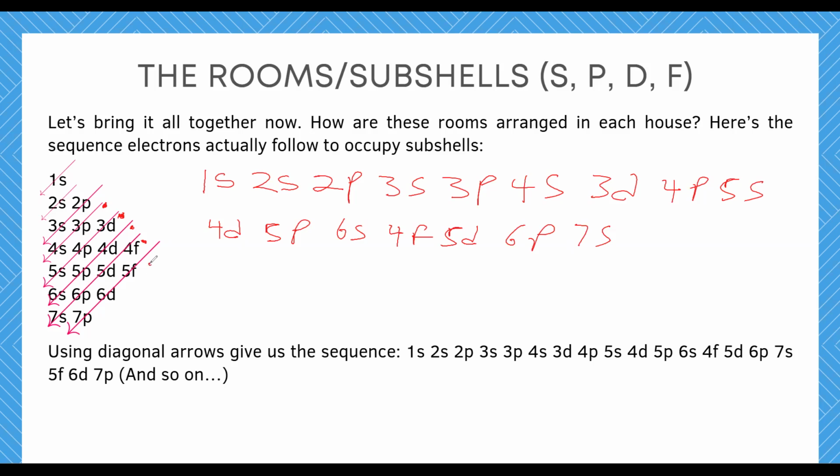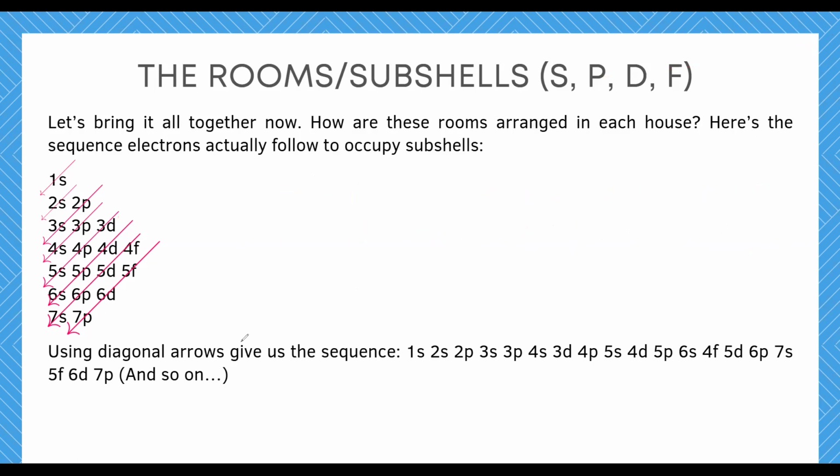And then for arrow number 8, the last one, what does it touch? 5F, 6D, and 7P. Now, this sequence that we just followed shows us the arrangement that we must follow when we are writing electronic configuration. And I'm going to show you how we are going to apply that. Are you ready to see it now?